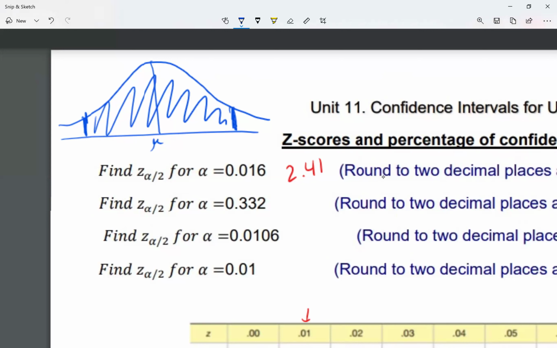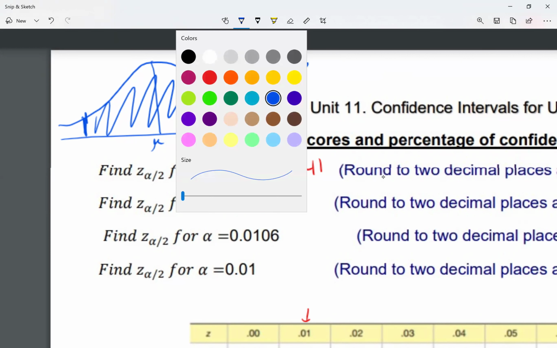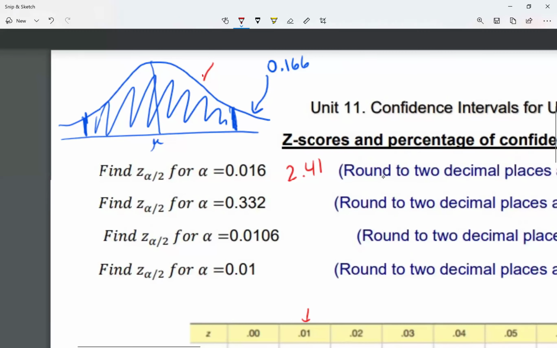So I'm going to go 0.332 divided by 2. Use a calculator if you need to. My calculator says 0.166. So this area out here is 0.166. I'm going to say this area in here is going to be 0.334.